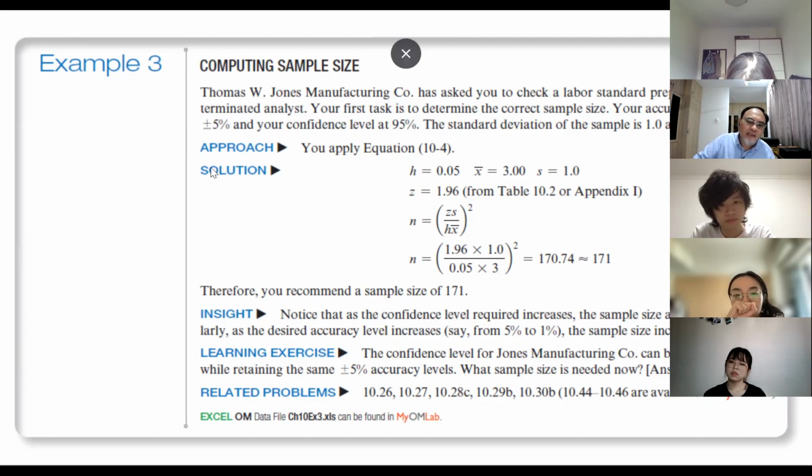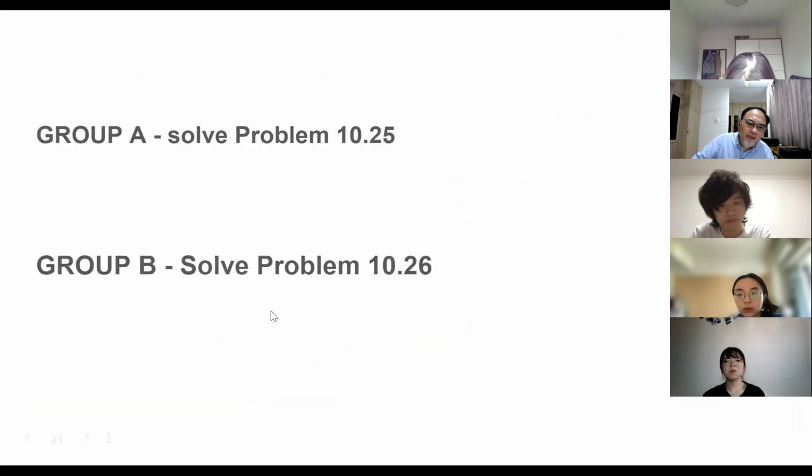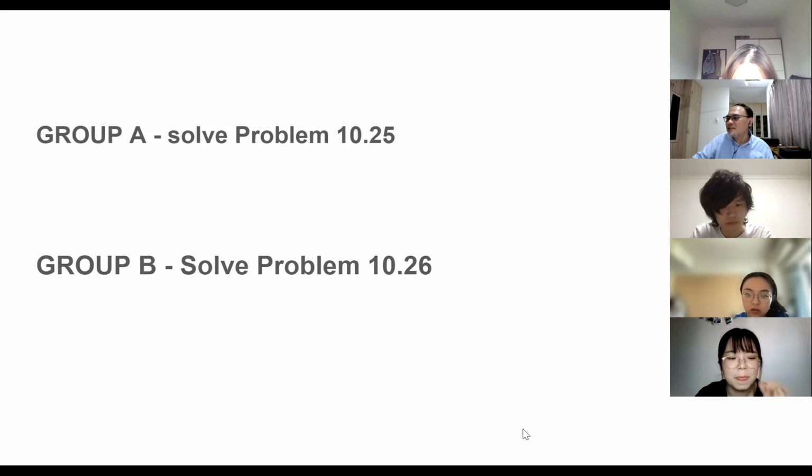It's 11 o'clock. Time is very fast. You can take your break while solving this problem. I'm giving you 10 minutes to solve this problem. I'm going to break you into 2 groups and you share the answer after 15 minutes, at 11:10.